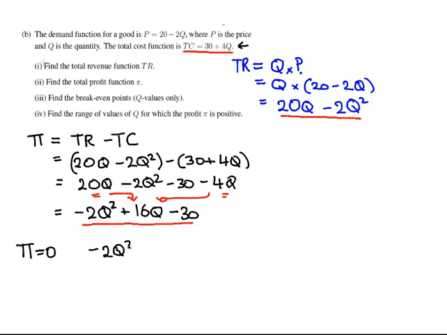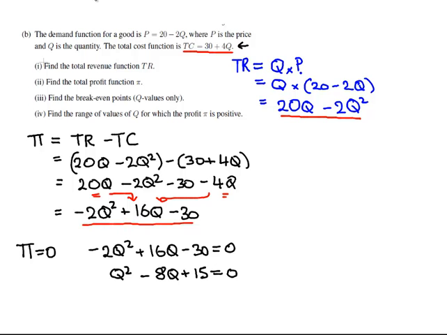So we have minus 2Q squared plus 16Q minus 30, and let that equal 0. What we could do here is divide every single term by minus 2. So we essentially change the sign and divide by 2. Q squared minus 8Q plus 15 equal to 0.